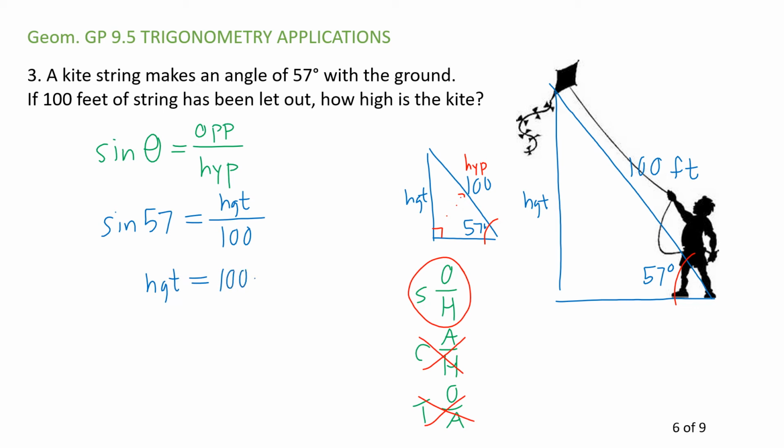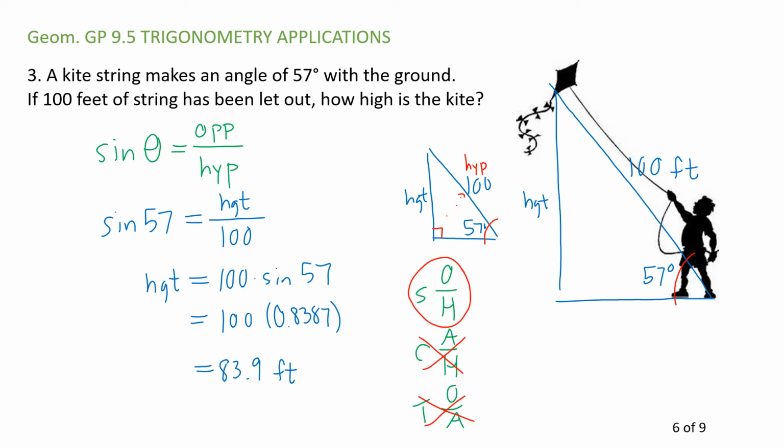Write the number first and then write the trig function. You can put that in your calculator directly, but I just want to emphasize that sine of 57 really is just a number that you would look up in the back of a book, but now you can just do it on your calculator. And then multiply times 100, and you have 83 point, we're going to call it 9 feet.